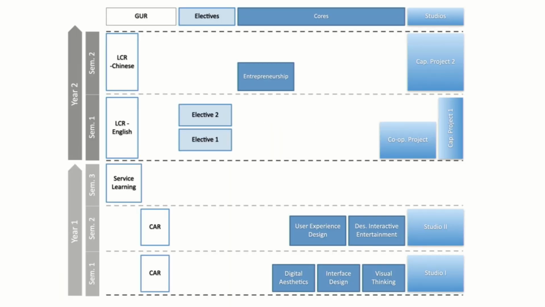This, of course, is a very brief curriculum showing what you would do in these 2 years when you join us. It includes some studio subjects and also some electives.